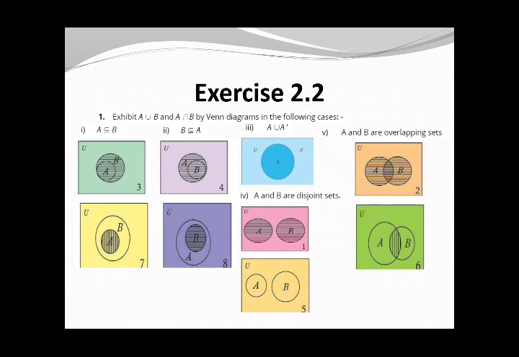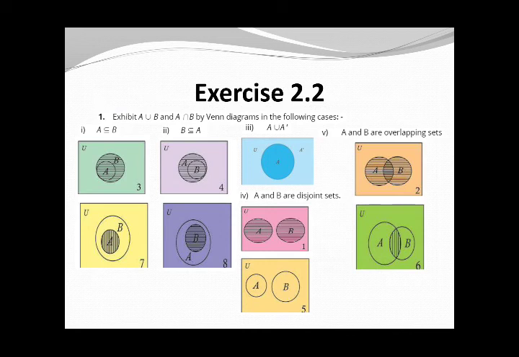And A union A complement means the whole diagram, A inside the circle and A complement outside the circle, both are shaded. A and B are disjoint sets.